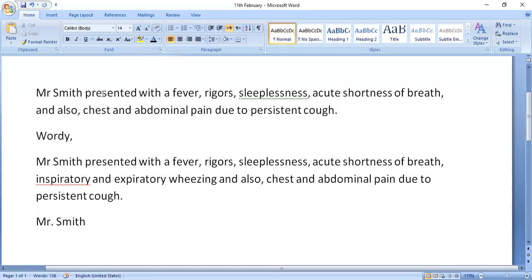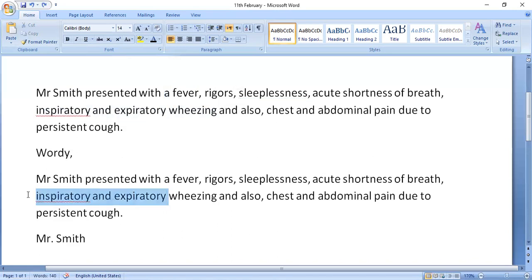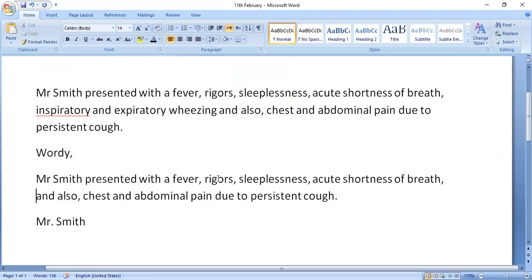Okay, so Mr. Smith presented with fever. Let us remove the article, it's not wrong. Okay, so you can write, Mr. Smith presented with a fever, rigors, sleeplessness, acute shortness of breath, and chest and abdominal pain due to persistent cough.